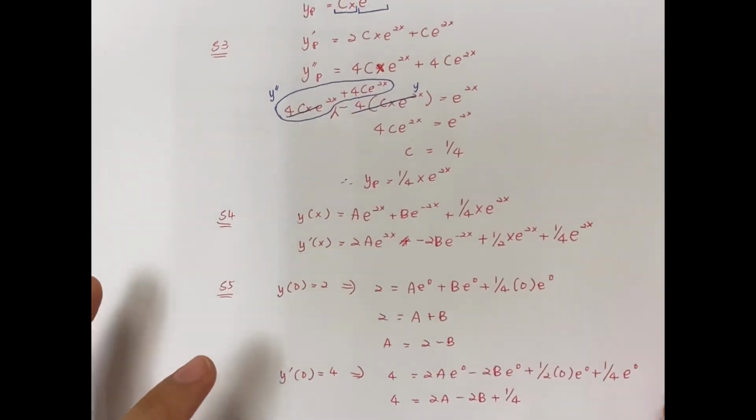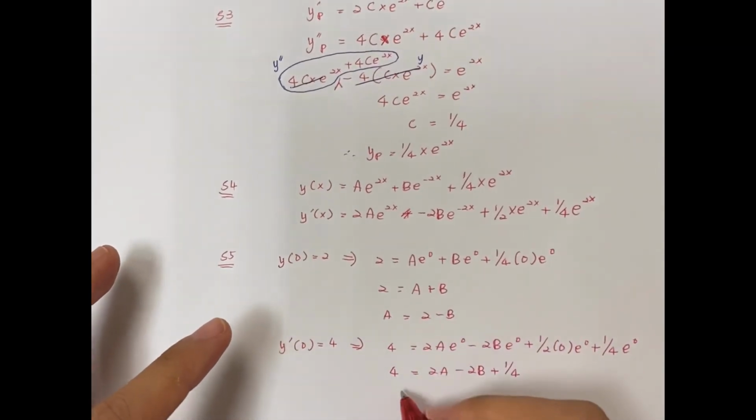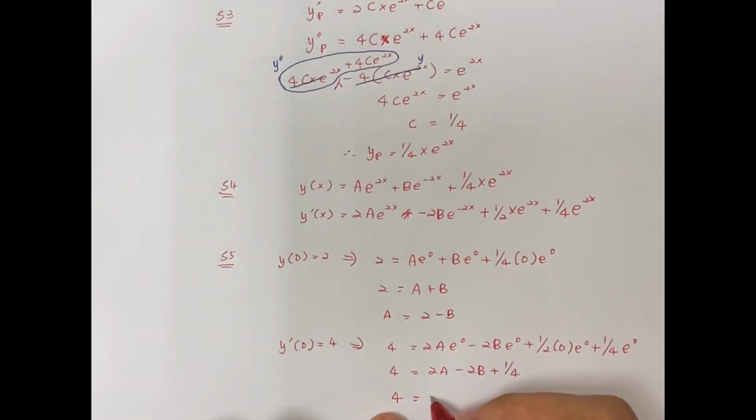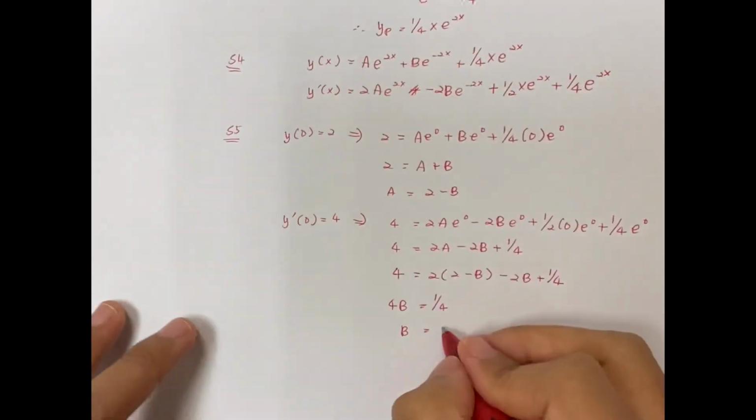Okay, from here, substitute A. So 2 minus B, minus 2B plus 1 over 4. And then once you find your B, you have B equal to 1 over 16.